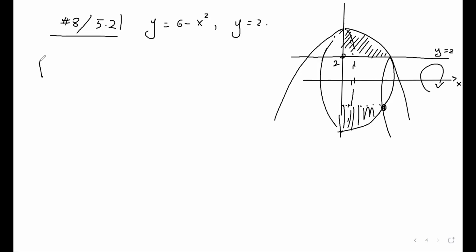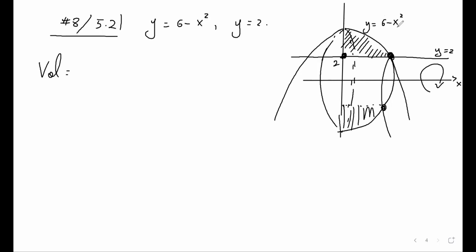So now the volume is equal to, and right now here, folks, let's figure out. So this is 2 here. What's this corner here? We can figure out just by looking at the equation. This equation here is 6 minus x squared. And now I want y to be 2, right?